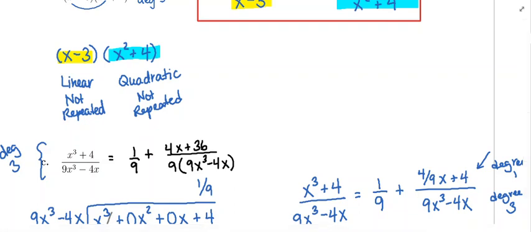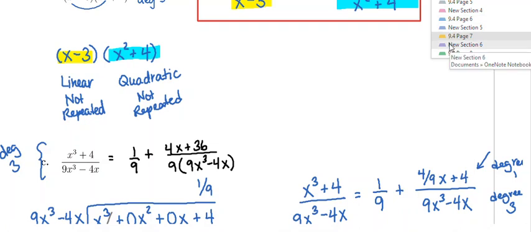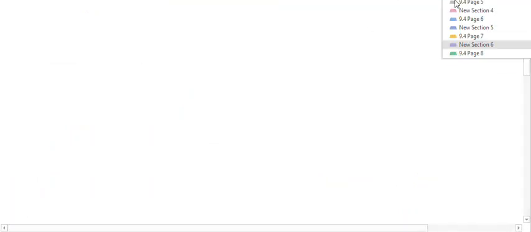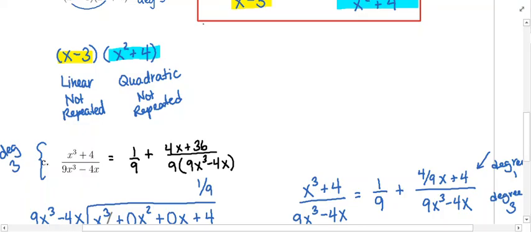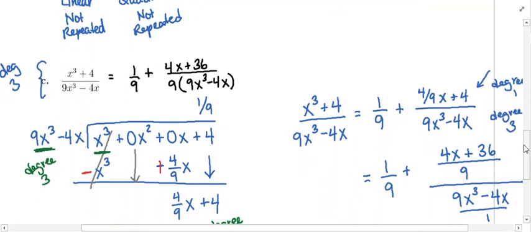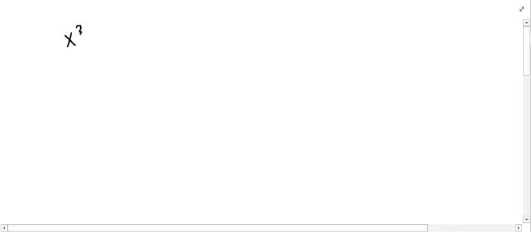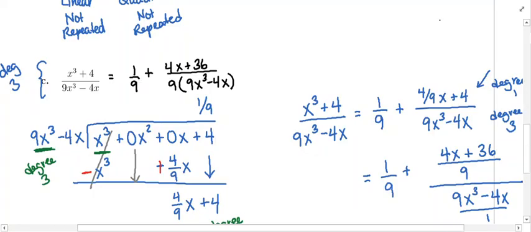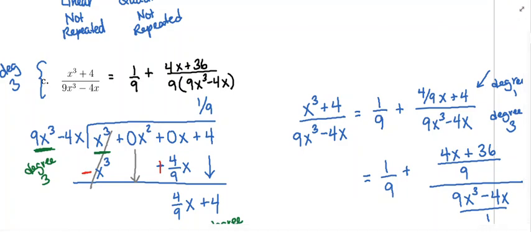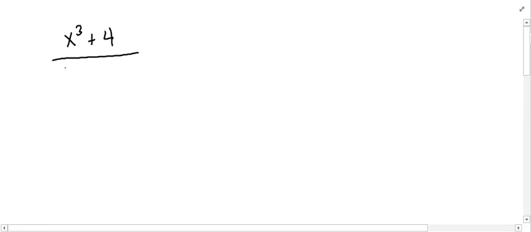I am running out of room here, so I'm going to jump to another page so I can explain this in more detail. All right, let me write down where I started and where I am now. I started with this single fraction: x cubed plus 4 over 9x cubed minus 4x.